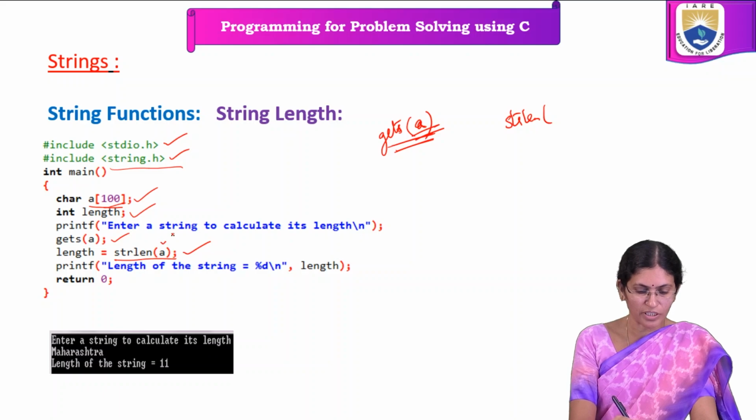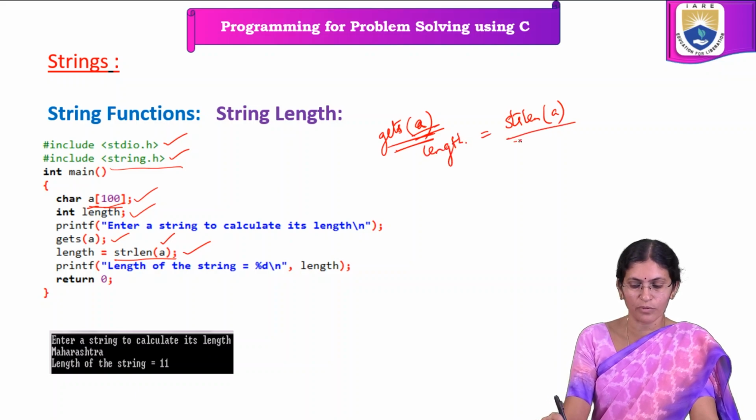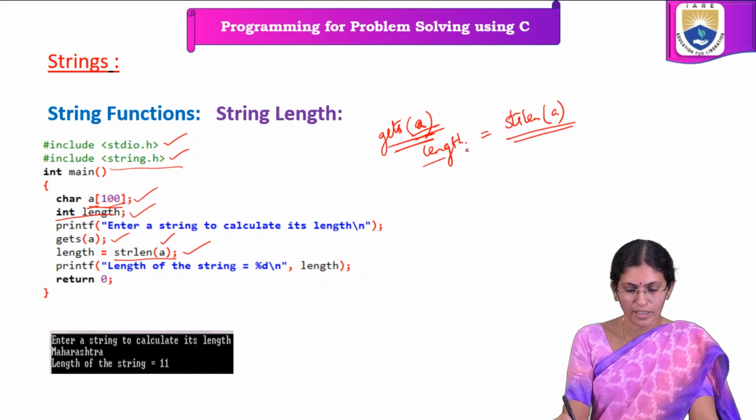The argument it takes is a, the name of the character array, and it is assigned to length. The return type of this is an unsigned integer, and here we have declared length as an integer, so that value will be stored in the variable length.